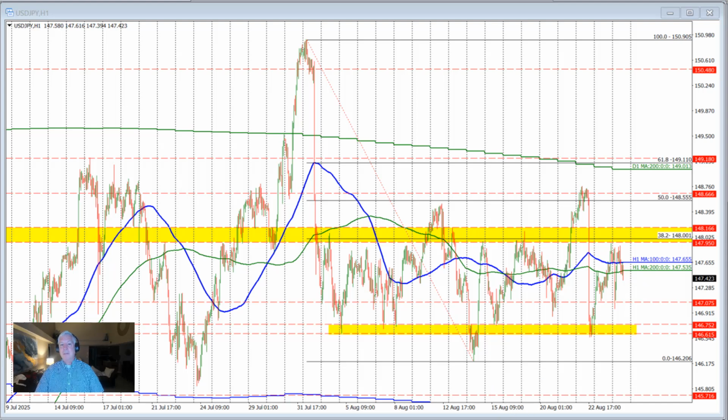If we're able to stay below these moving averages, that keeps the bias more to the downside. So be aware of that. That's going to be the key for you as a trader here today. This is a bias defining area now, and the bias just shifted more to the downside below the 100 and 200-hour moving averages. So be aware of that dynamic.